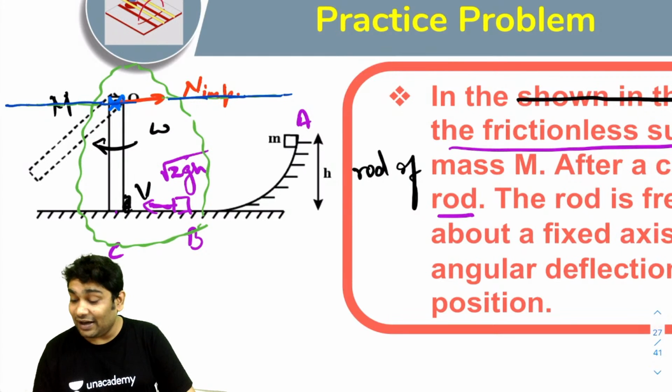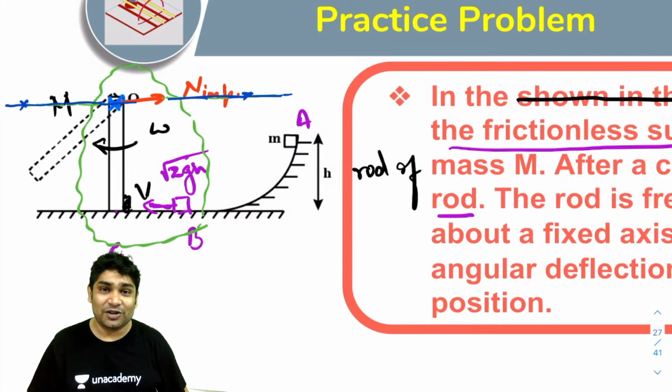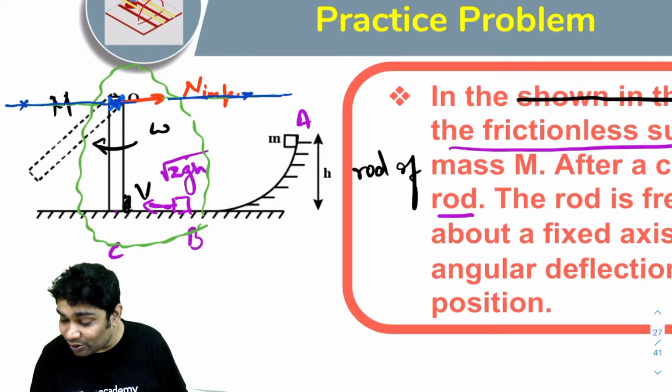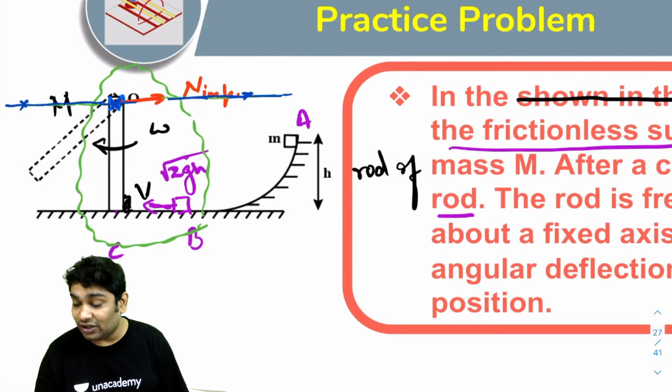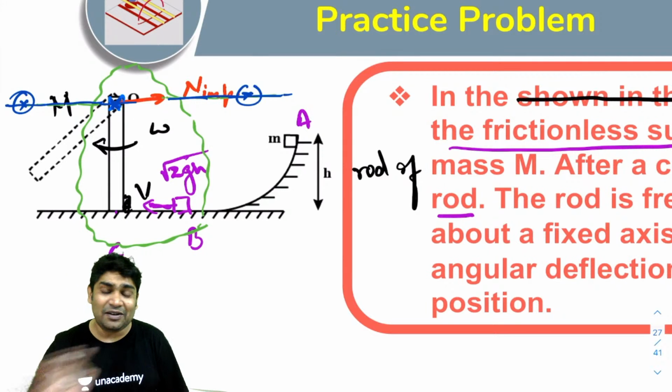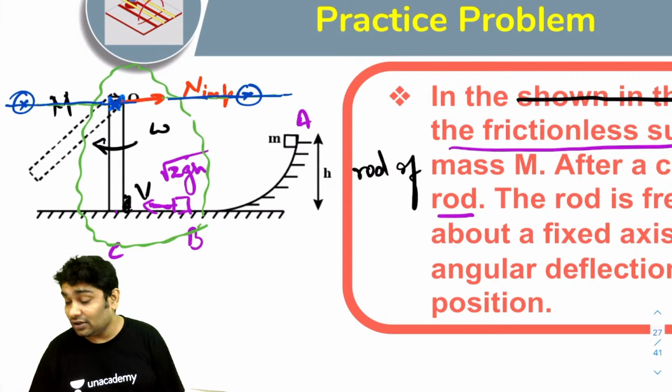However, what is the most convenient point? These are the possible points. The most convenient point, of course, is O only. So in problem solving, we will always apply it about O. But let me tell you, it would have worked about any point on this entire line. That is just for your understanding.